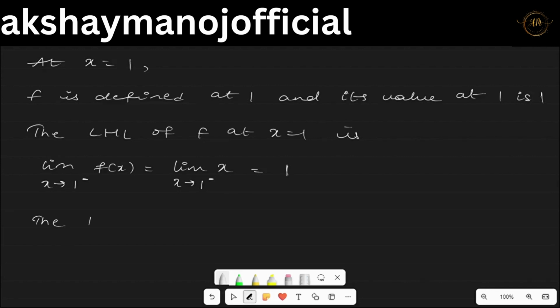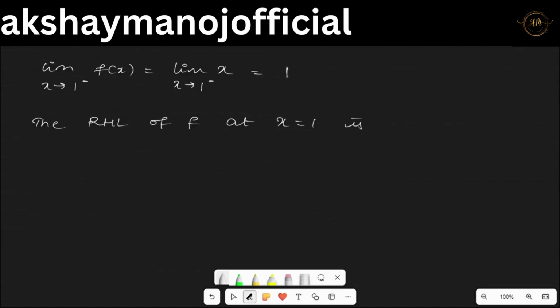The right hand limit, RHL, of f at x equals 1: limit as x tends to 1 plus of f of x is equal to limit of 5 as x tends to 1 plus, which equals 5. It's a constant function, right? Approaching from the right side, it will be 5.